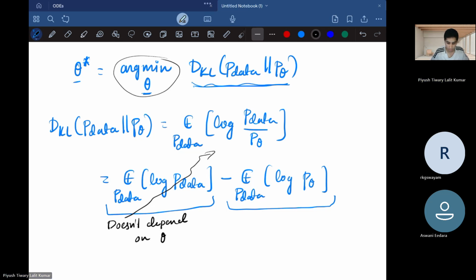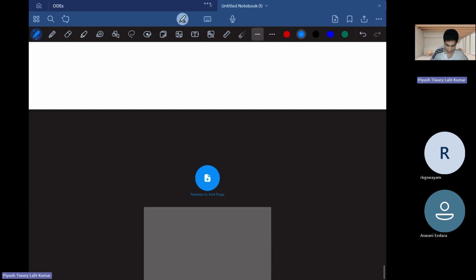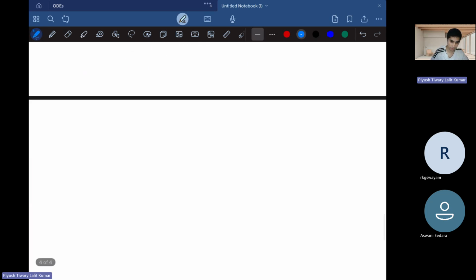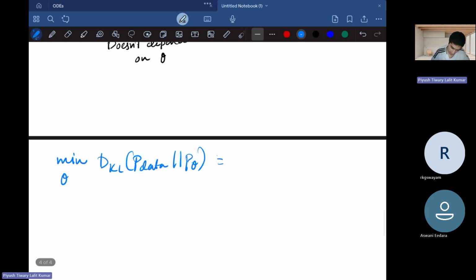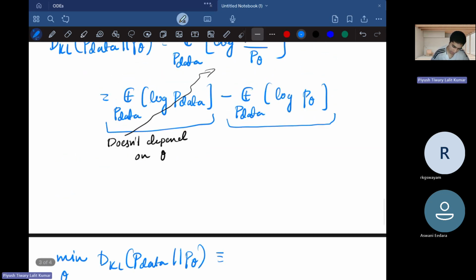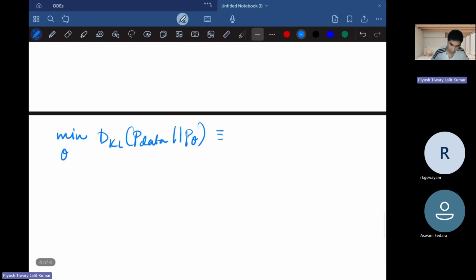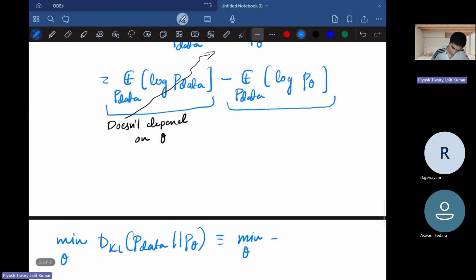Okay, so what does this leave you with? You want to do a minimization over theta of the KL divergence between P data and P theta. Since the first term is not dependent on theta at all, you can just work with the second term. So this is equivalent to minimization over theta of minus expected value under P data of log of P theta.